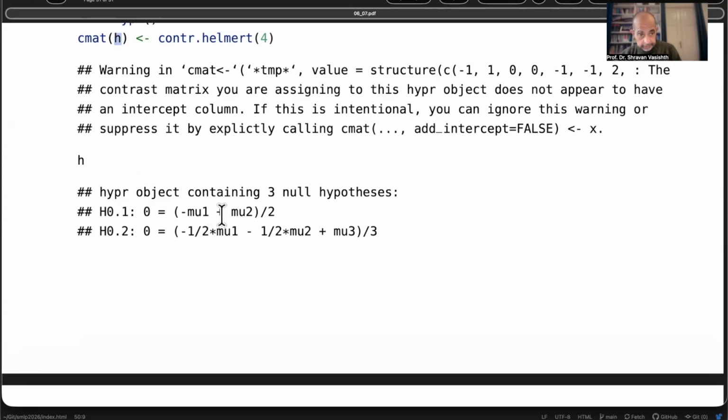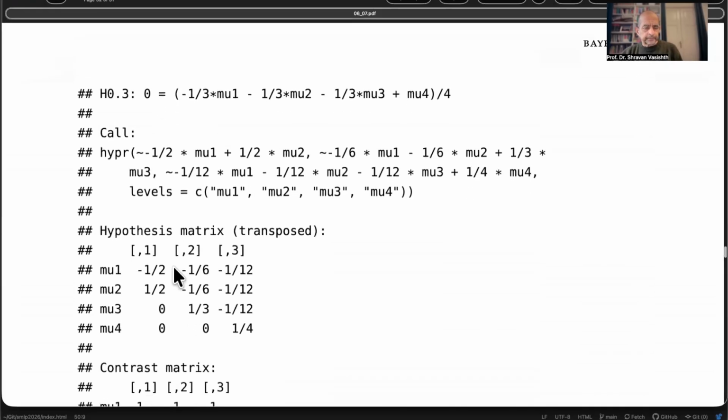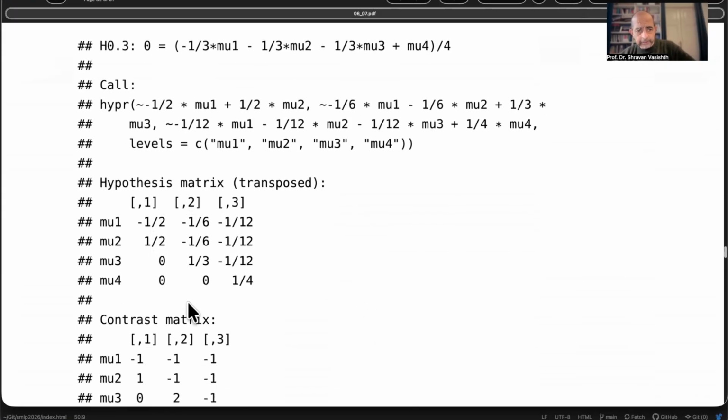So they are showing mu2 minus mu1 is equal to 0. So the average of these two is equal to 0. And then the other hypotheses are exactly what I said earlier, so I won't repeat that. Okay. So what you get as an output in the weights matrix is just algebra now, because we're just rewriting the comparisons between the sets of means that we're interested in comparing.